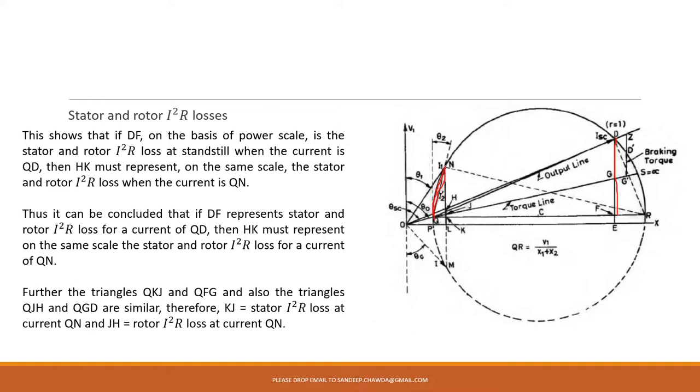So when QN is the current, this HK, from here to here, is going to give you stator and rotor I square R loss. In the previous case, if this QD is the current, then the DF is going to give you stator and rotor I square R loss at standstill condition. That we wanted to show you here.